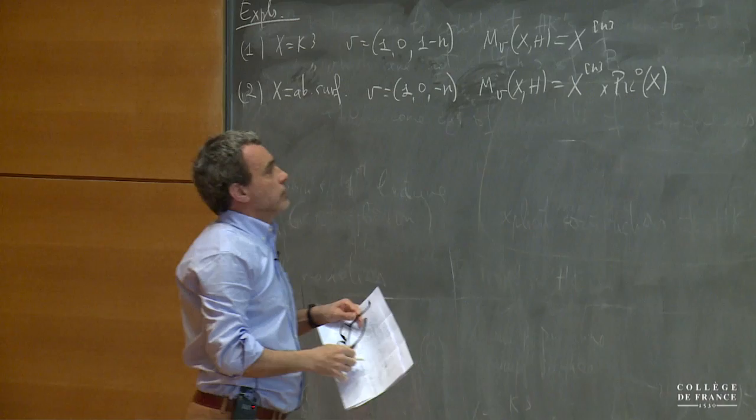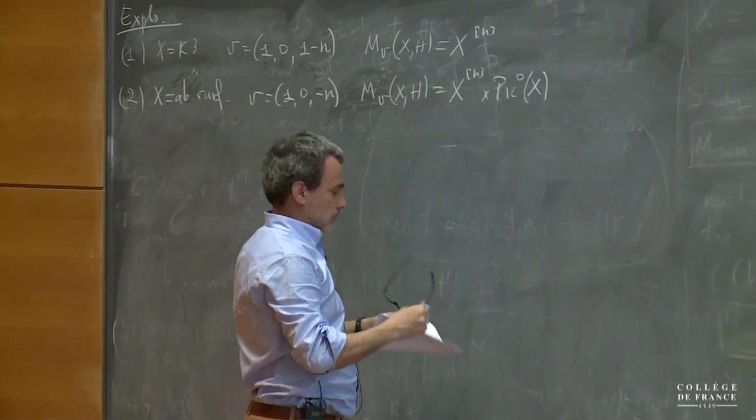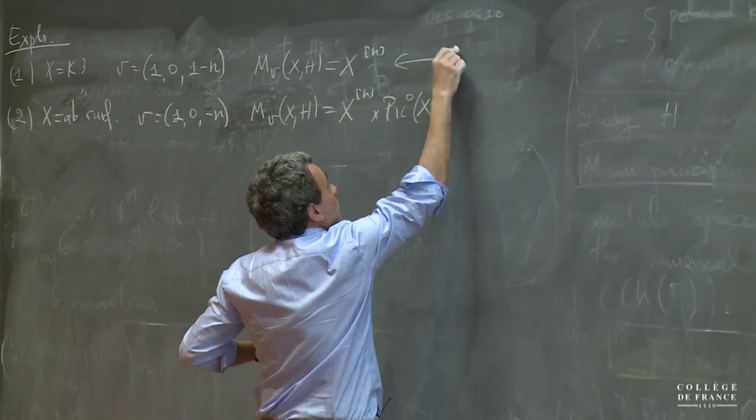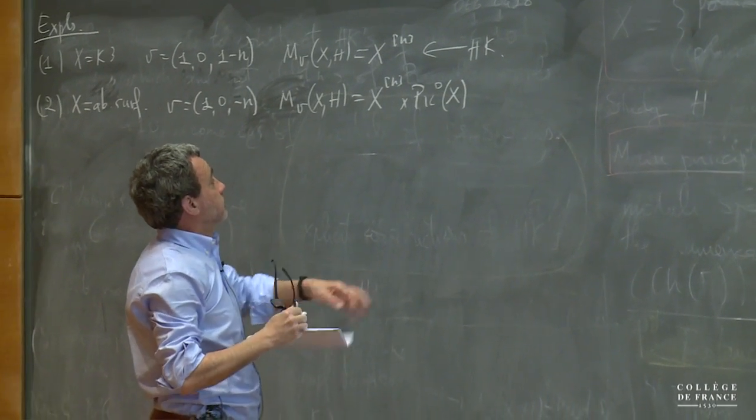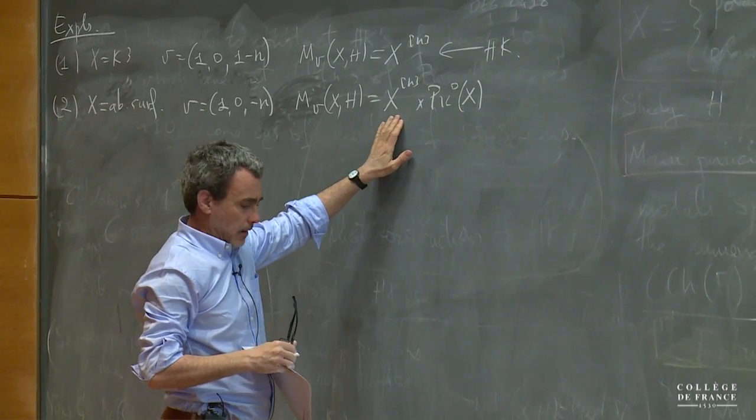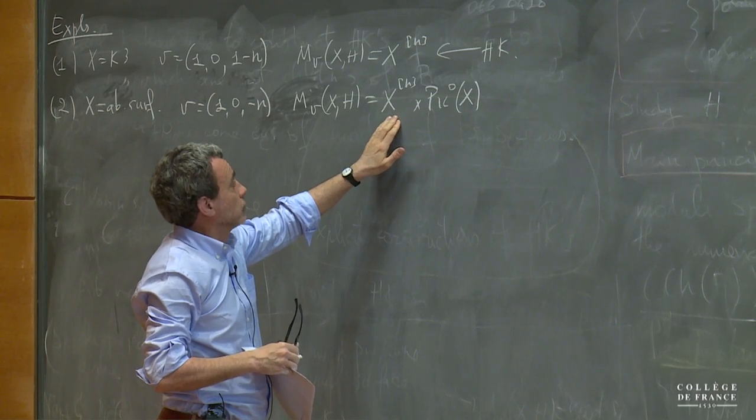Of course, this is not hyper-Kähler. What happens is that there is a specific Beauville-Bogomolov factor, which is a generalized Kummer.